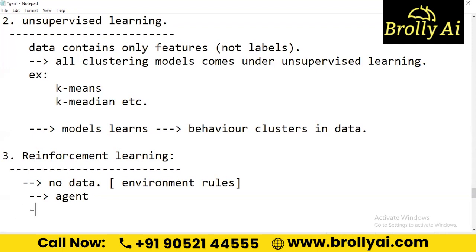Agent performs actions. Every action can be a right action or a wrong action. For every action, the environment returns rewards. A reward can be a positive reward or a negative reward.